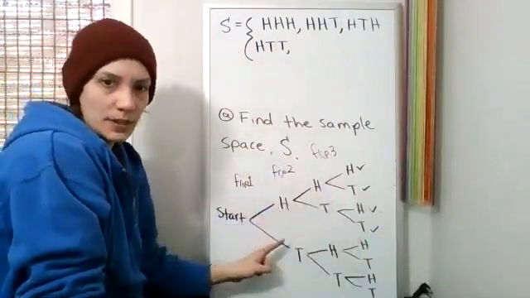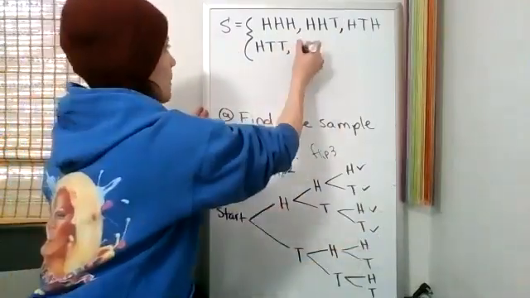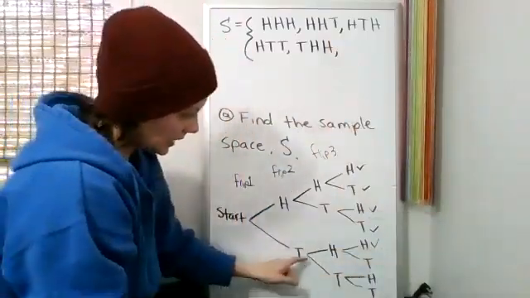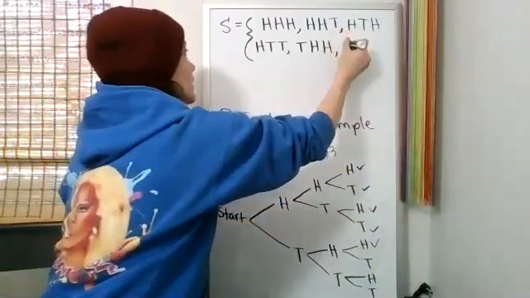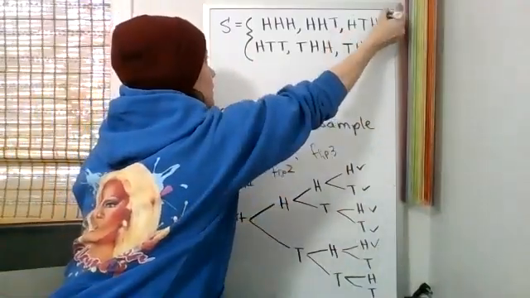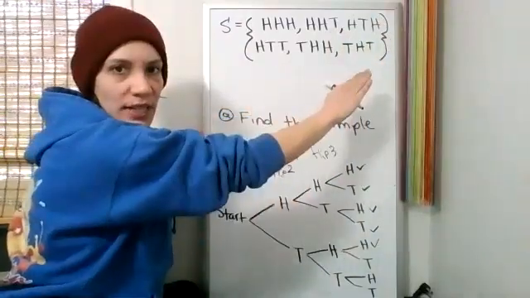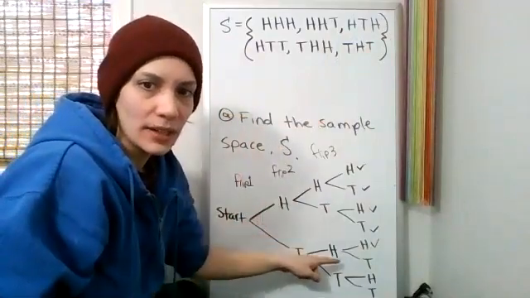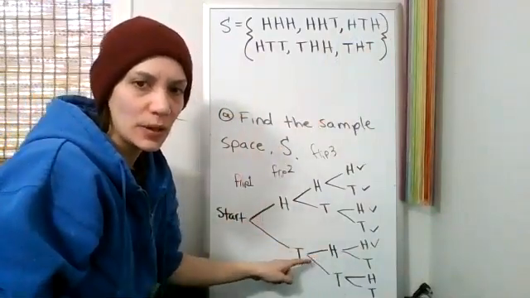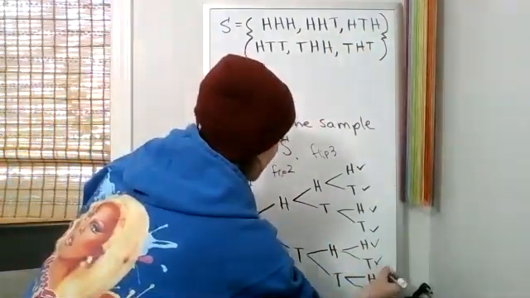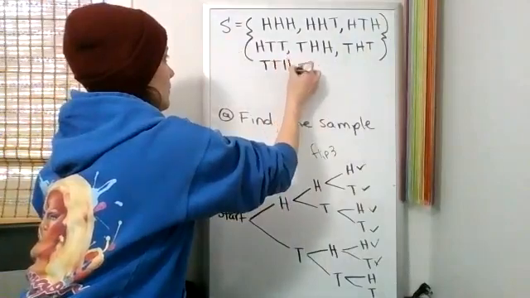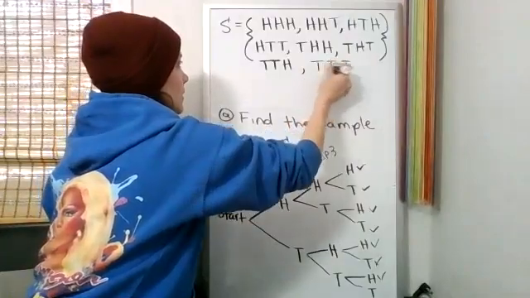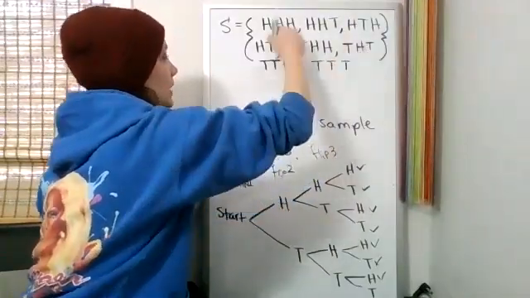So let's go here. Tails, heads, heads. Tails, heads, tails. I still have some more in this set. I've run out of space, so I'm going to list them across. We're here at tails, heads, tails. We need tails, tails, heads. And all tails at the end. 1, 2, 3, 4, 5, 6, 7, 8.